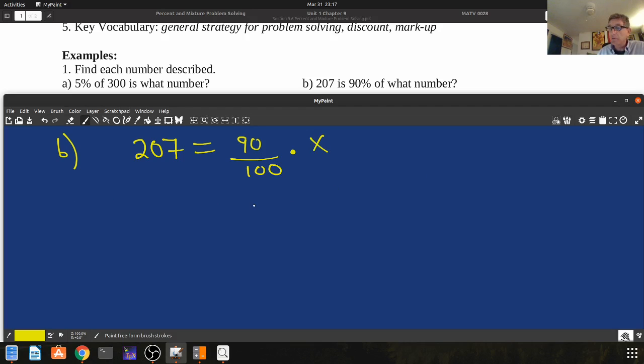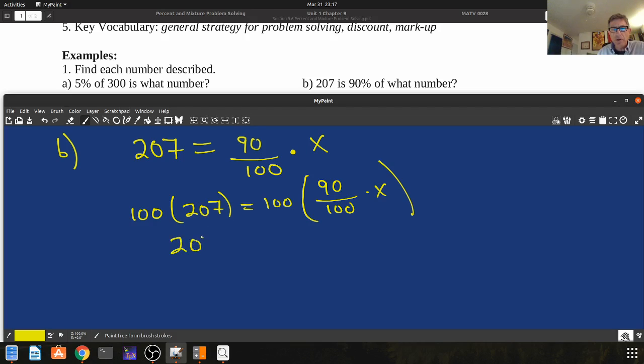And what we're going to do is clear the denominator. So we're going to multiply both sides by the only denominator there, which is 100, times the entirety of this side. And 100 times 207 is 207 and I add 2 zeros.